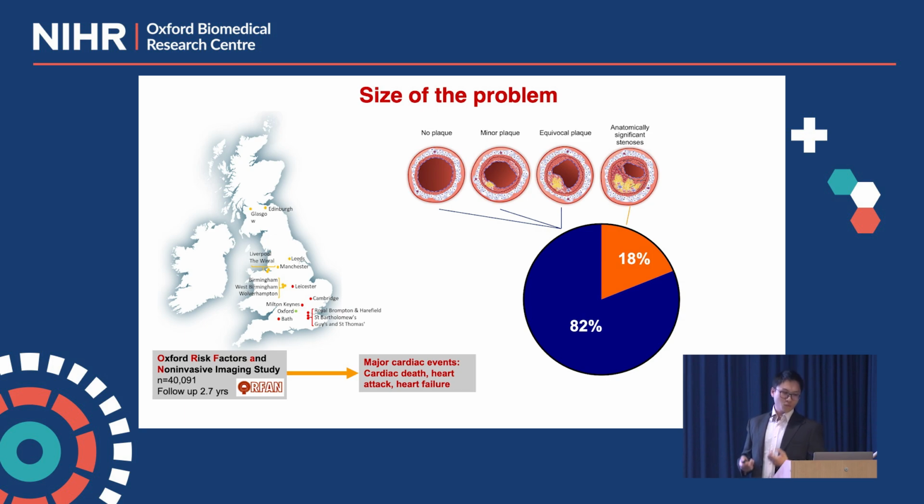And as we suspected, only a minority of patients had significant narrowings of the artery in the heart CT scan. By far the majority showed no significant narrowings of the arteries, with just minor plaques and fatty deposits on the arteries, and they were usually reassured and got on with their lives in the community.